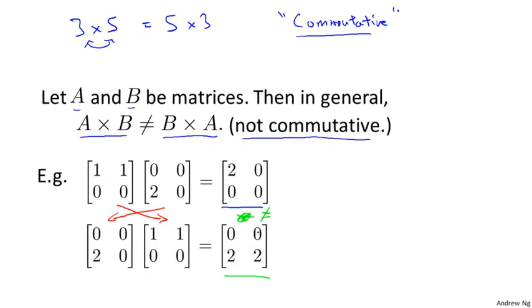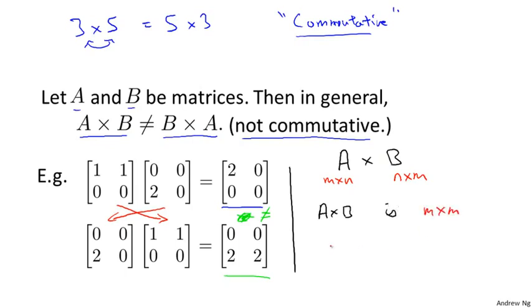In fact, in general, if you have a matrix operation like A times B, where A is an m by n matrix and B is an n by m matrix, just as an example, then the matrix A times B is going to be an m by m matrix, whereas the matrix B times A is going to be an n by n matrix.